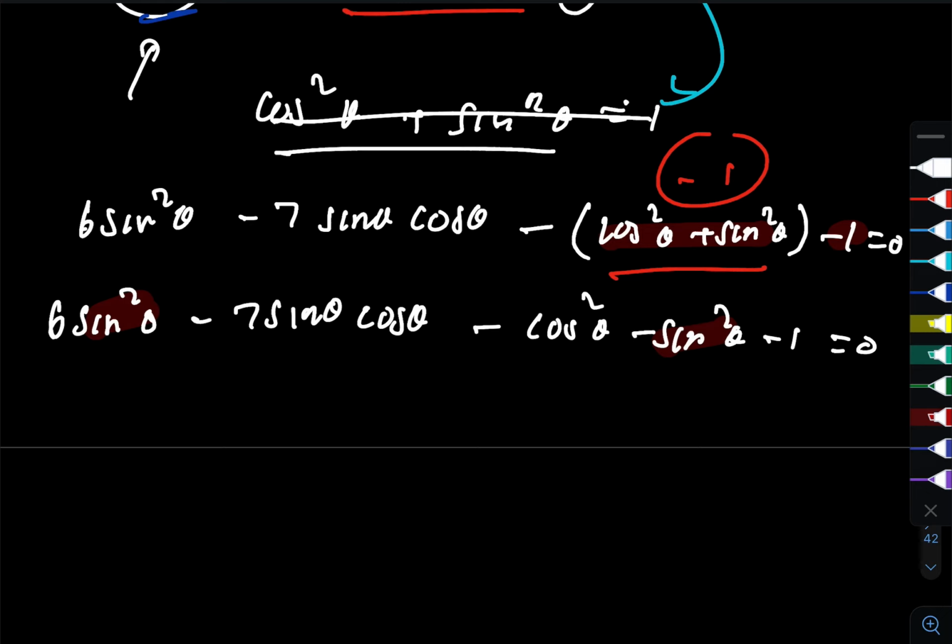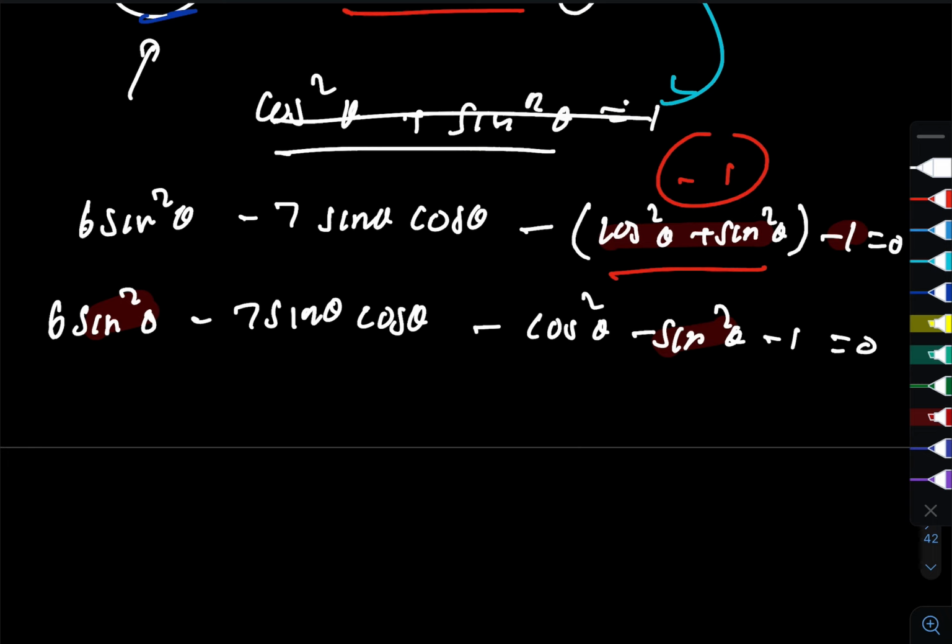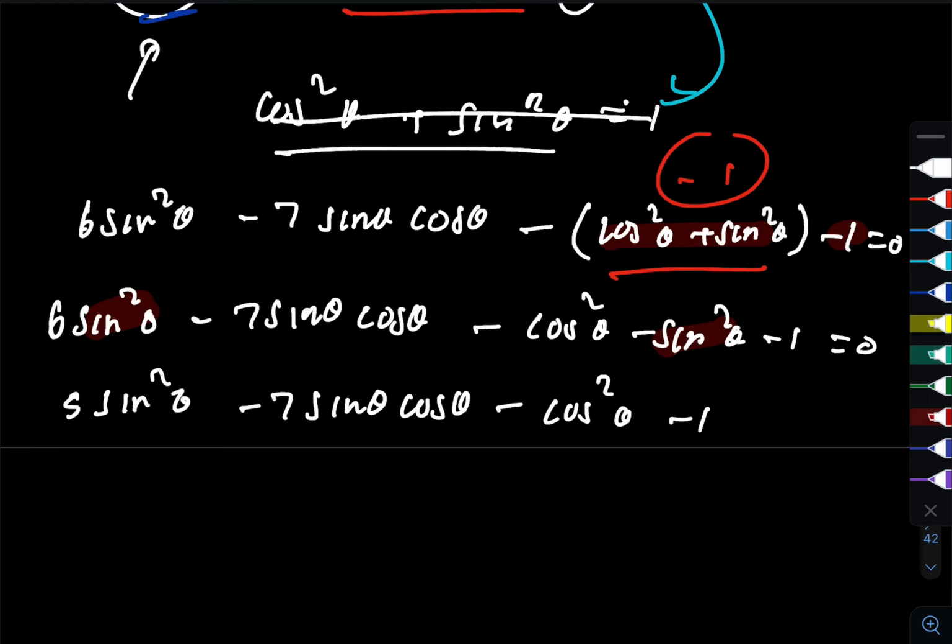So if it's a 6 minus one of those, then I'm done. However, I think we'd rather work the long way doing it like this, but we're still going to get to that. So it's going to be the 6 minus one of those, which is going to be 5 sine squared theta minus 7 sine theta cos theta minus cos squared theta minus 1.